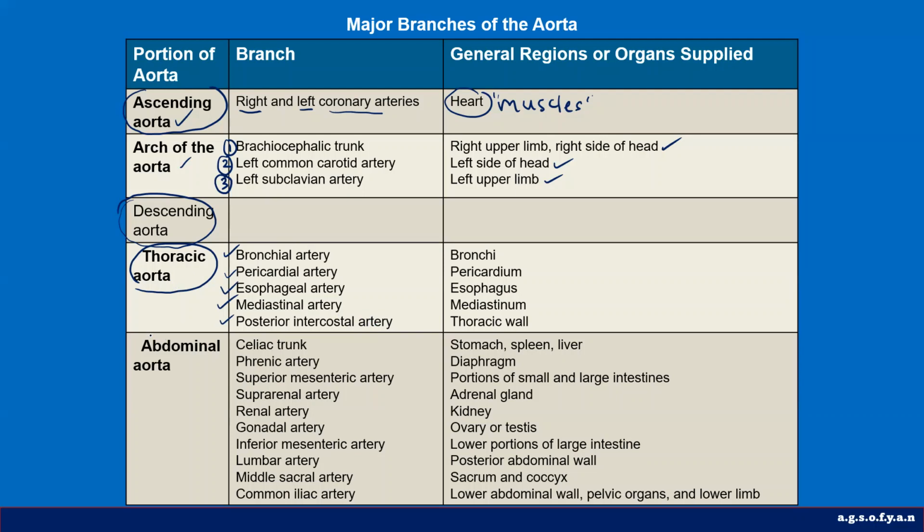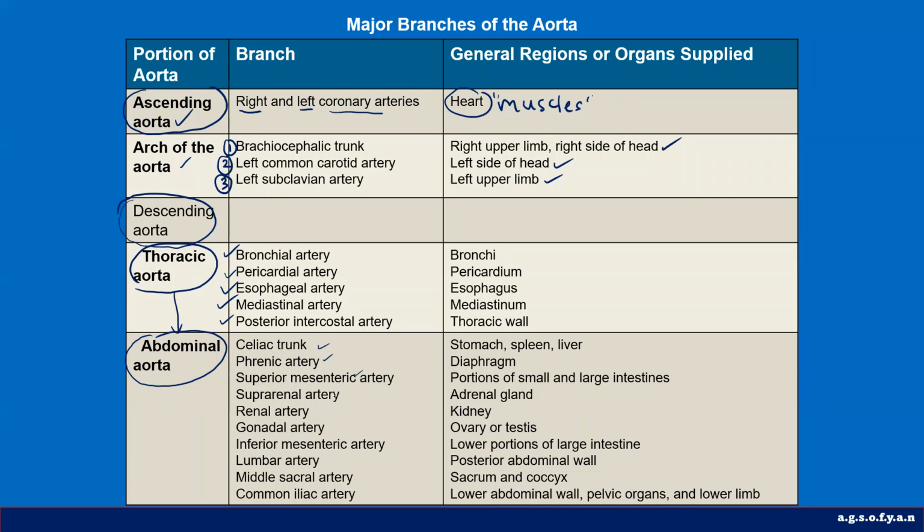And then going down, there will be the abdominal aorta, continuing from the thoracic aorta. And remember, there are so many organs in our abdomen that there will be a lot of arteries over here. Phrenic arteries, the mesenteric artery, which gives blood to our digestive organs, including stomach, intestine, pancreas.